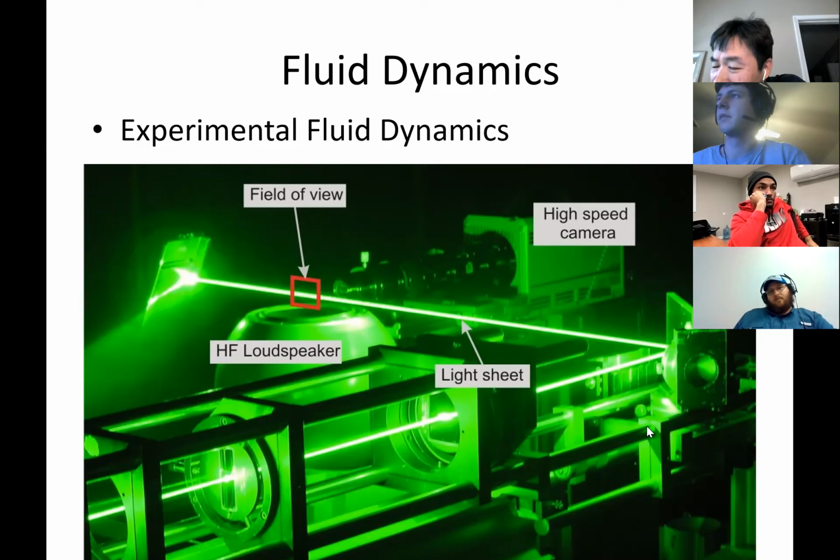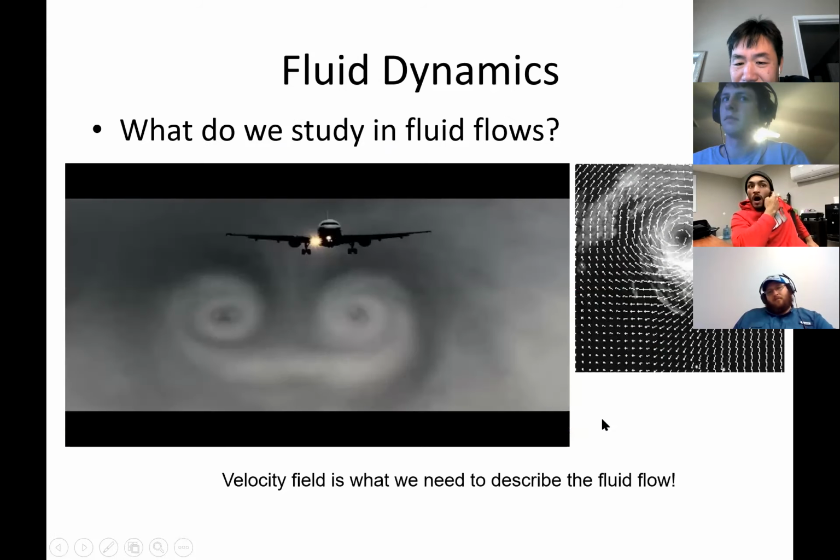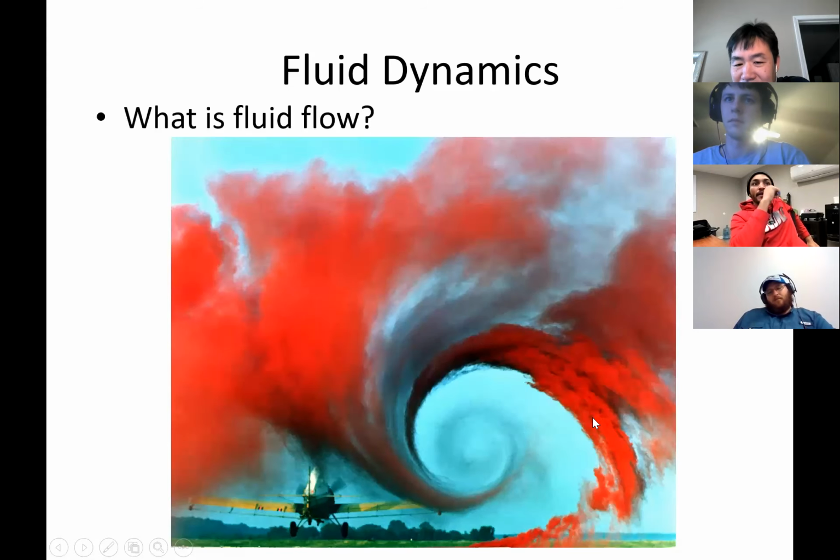Think about this. Velocity is what? It's speed plus the direction, right? Velocity is a vector. In that space with that circulation, velocity changes everywhere.